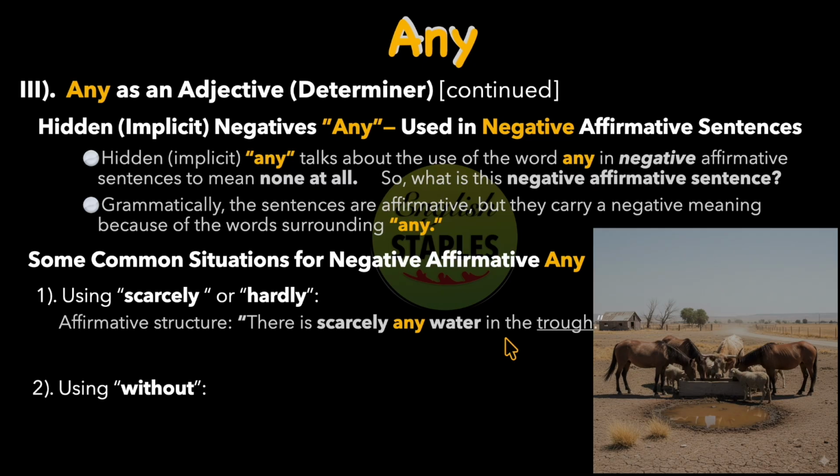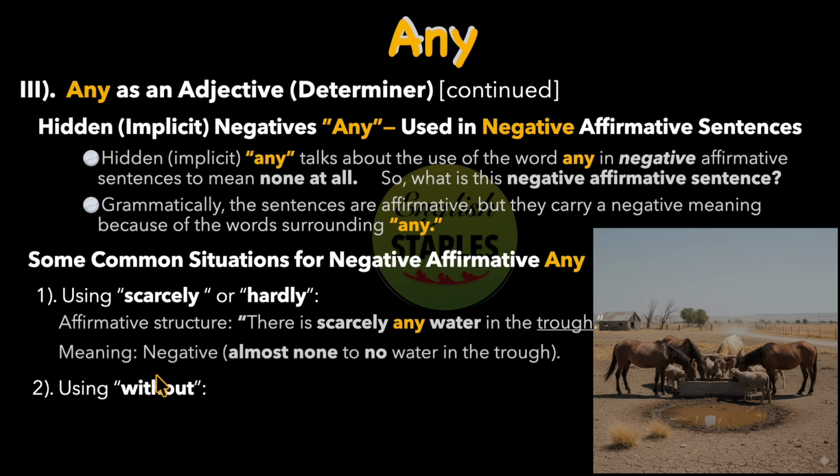There is not is not in this sentence, right? But the meaning is almost none to no water in the trough. So this is a trough. Here, there is scarcely any water in the trough. Scarcely here means almost none to no water in the trough.